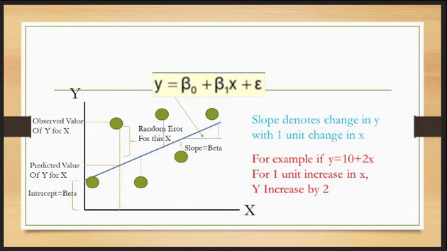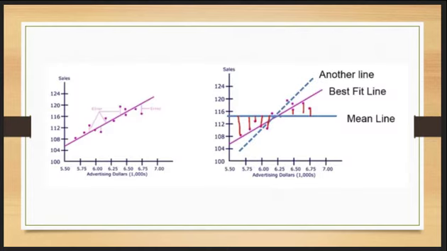So now in this case, if you pay attention, the predicted value is so close to the actual. The best fit line is our new concept, and it means minimizing the error. So the best fit line is a line which best predicts the data.